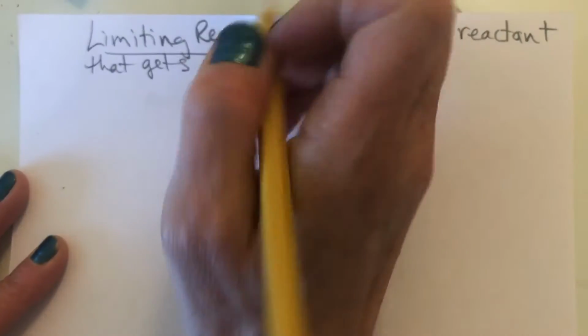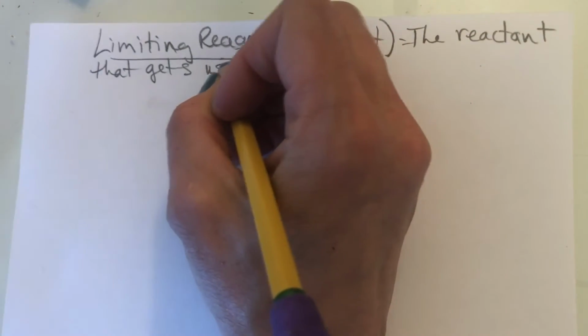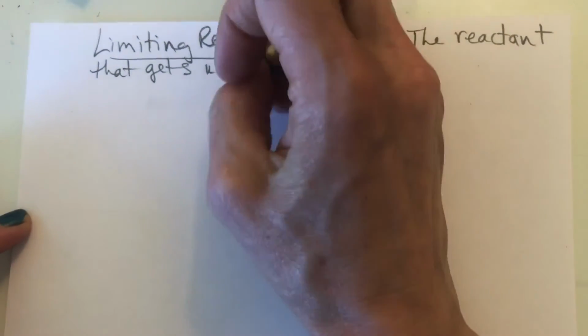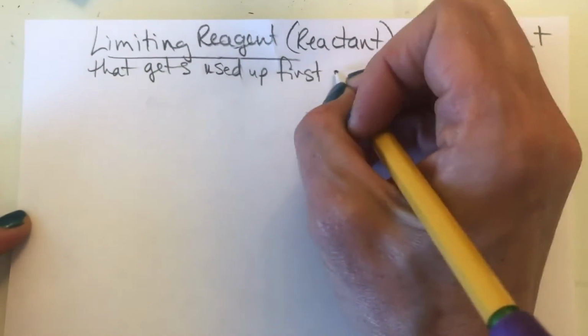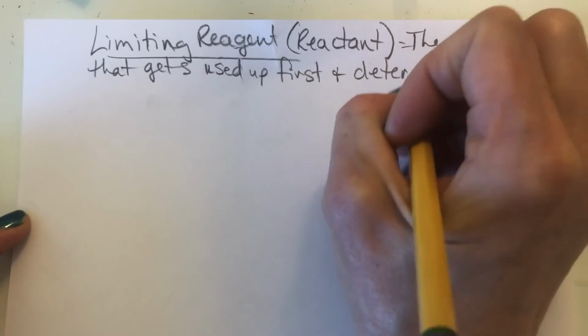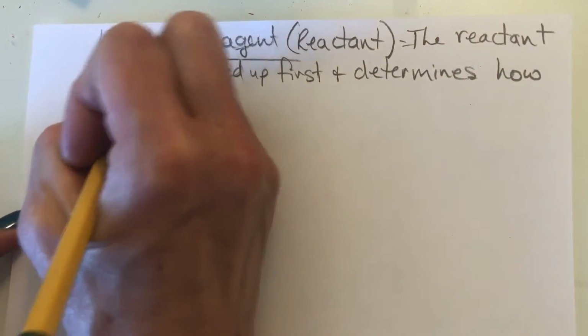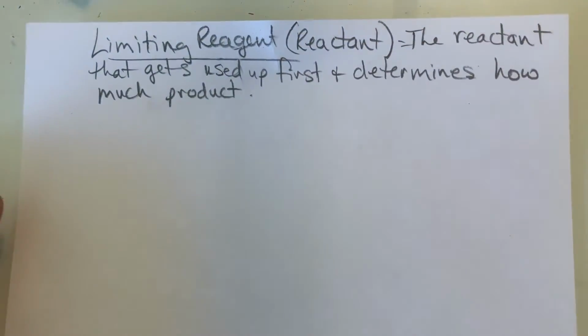So proportionally, you have less. And it basically determines how much product you can make.